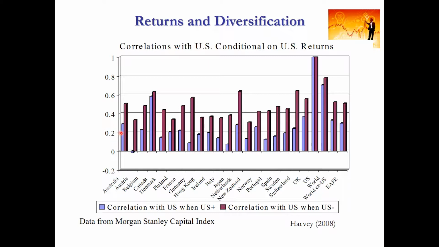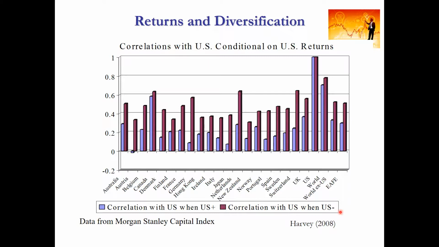The blue bar shows the correlation between the US market and other markets when the US market takes an upturn, and the maroon bar shows the correlation when the US market is in a crisis. Generally, these maroon bars are longer than the blue bars, indicating that the correlation increases when the US market is in crisis.